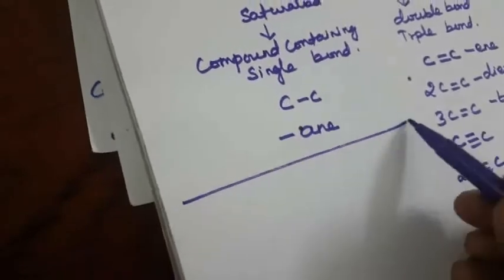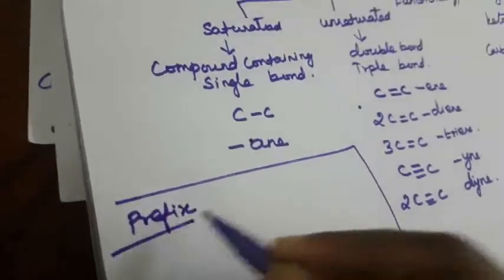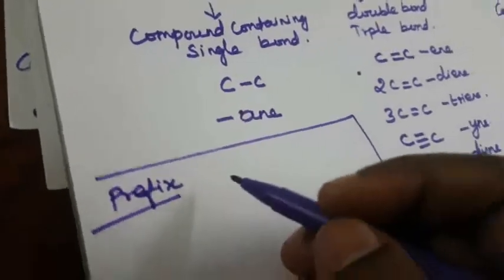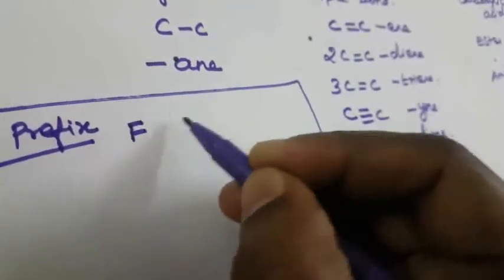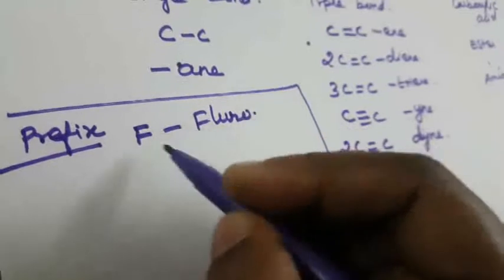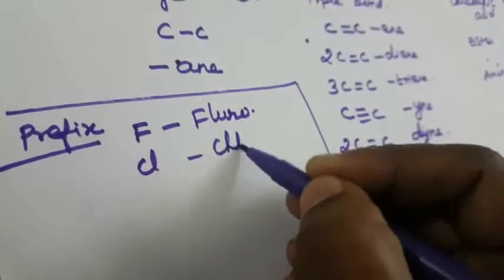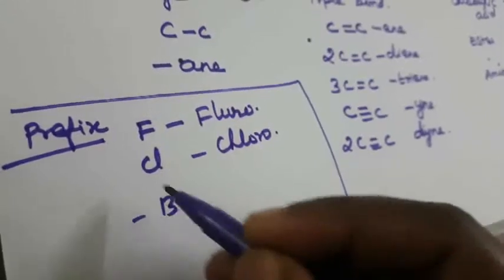So next one is, what is meant by prefix? Prefix is a substitutional group. So what is meant by substitutional group? That is fluorine. How to write the prefix? Fluoro. Cl means chloro. Br means bromo.